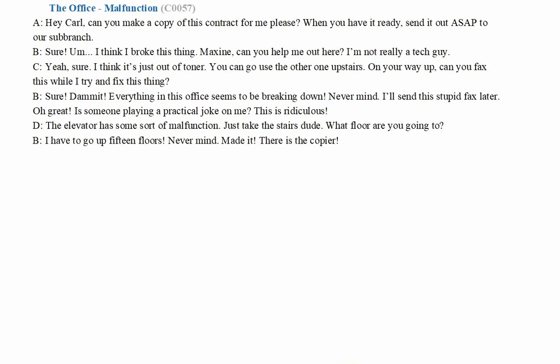Maxine, can you help me out here? I'm not really a tech guy. Yeah, sure. I think it's just out of toner. You can go use the other one upstairs. On your way up, can you fax this while I try and fix this thing? Sure. Damn it! Everything in this office seems to be breaking down. I'll send the stupid fax later.